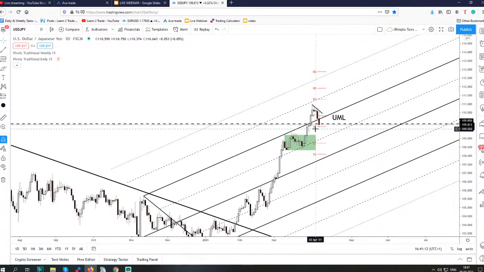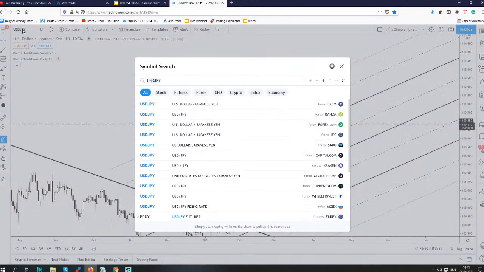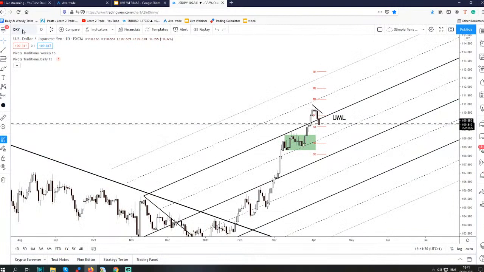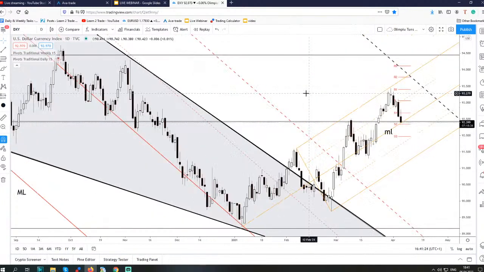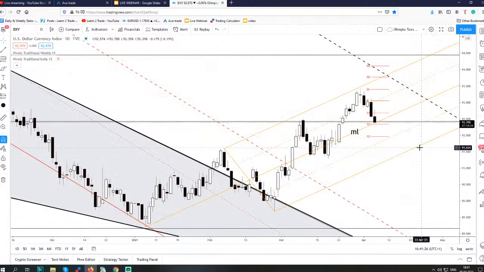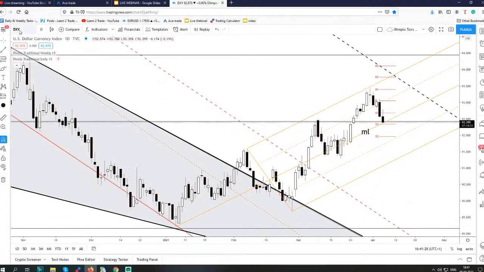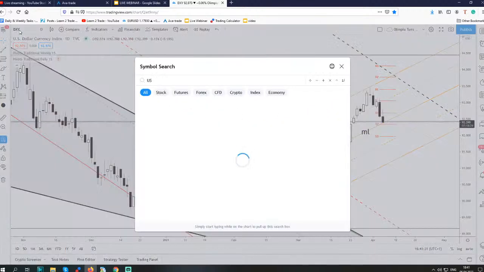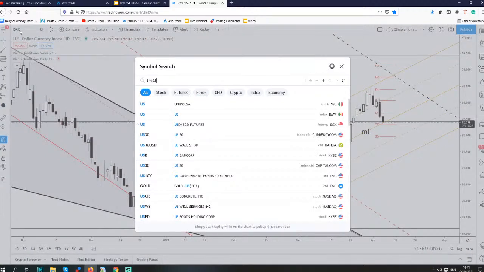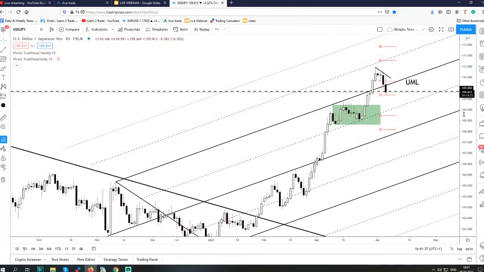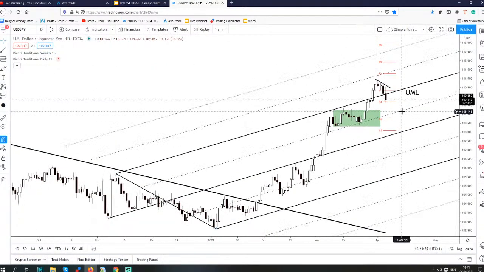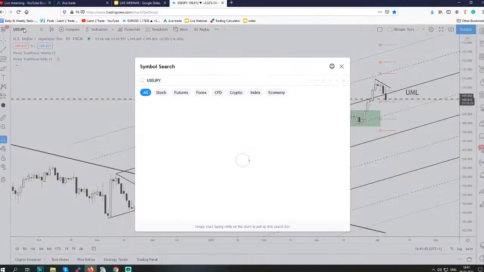Okay, so if the US dollar index will jump higher again, and if the Nikkei stock index will increase again, then we may have a new upside momentum on the USD versus the Japanese yen. Let's hope that we'll have a new long entry soon on this pair.